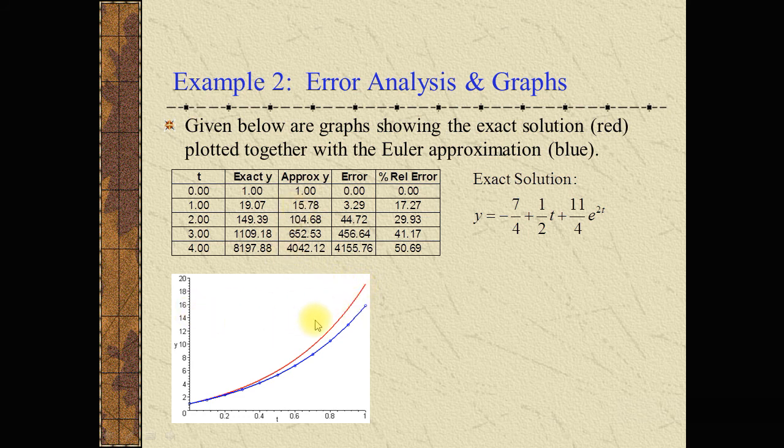You see this is the approximate solution and this is the exact solution. Now you see here the error is large, so there is a large error between the exact solution and approximate solution at t is equal to 1.